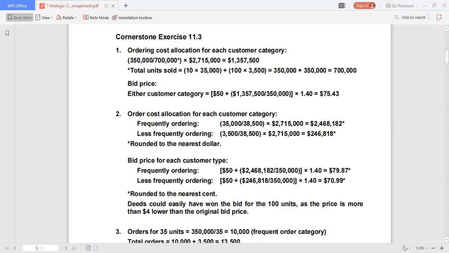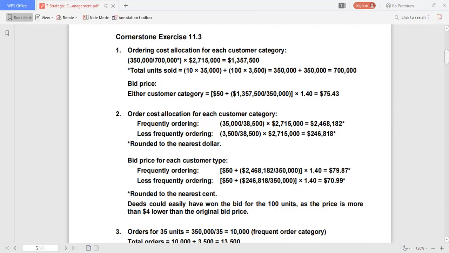We add 1,357,500 divided by 350,000 units, and we multiply it by 1.4.